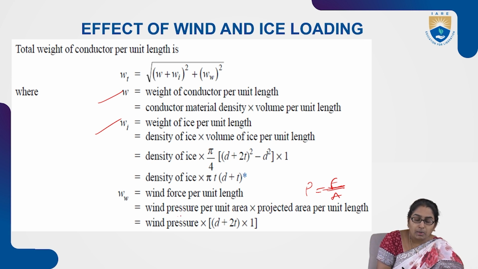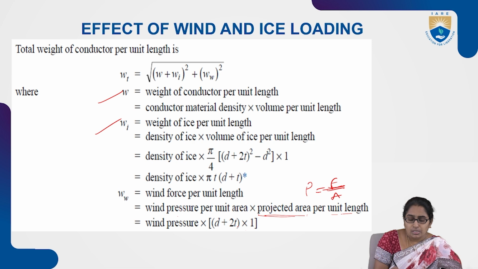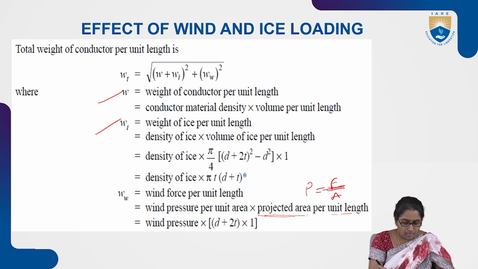How is the projected area calculated? Per unit length, the width of the conductor is d plus 2t. So that is how Ww is calculated.